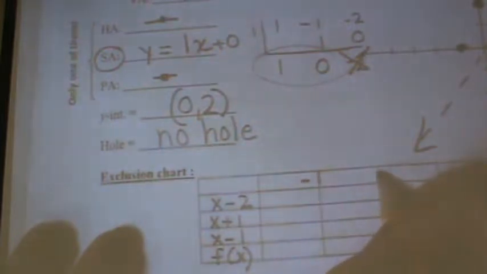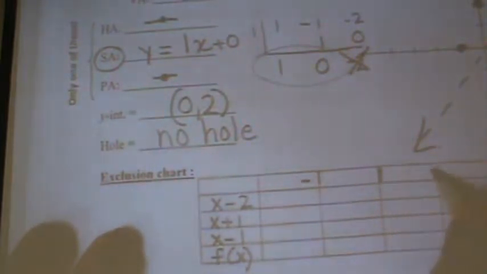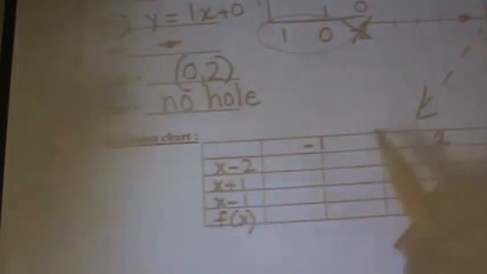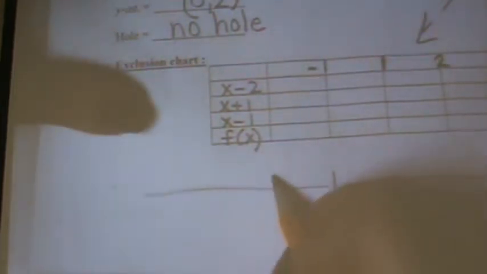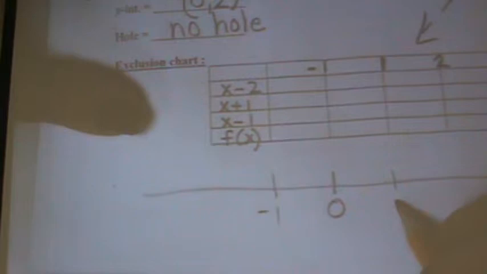So I'm going to put negative 1 here, 1 and 2. You know why I put it like that? Because I want to think of a number line. If I were playing around with a number line, there's negative 1, here's 1, and here's 2. So the first thing you're going to do is locate your 0 here. Which one of these is your 0?